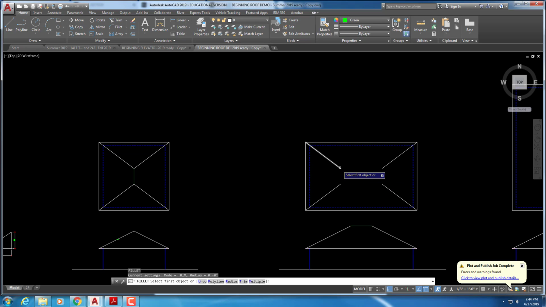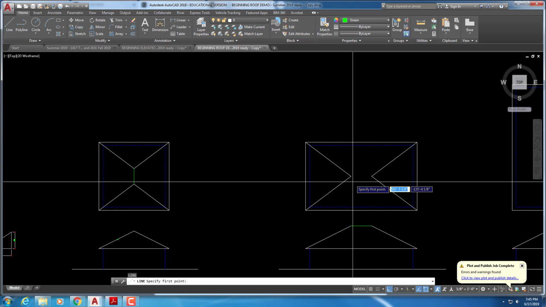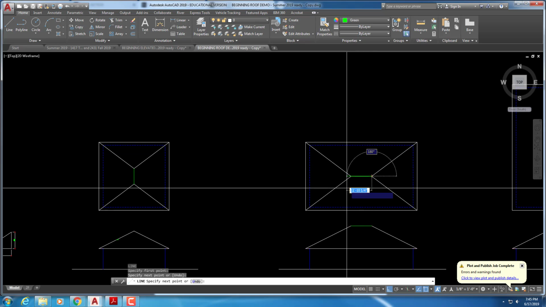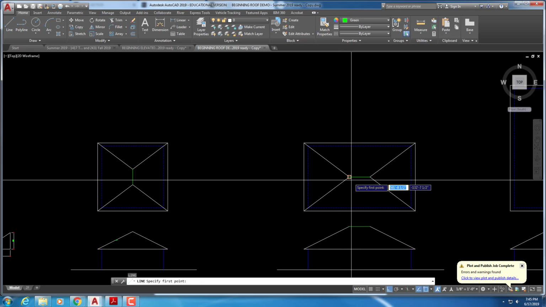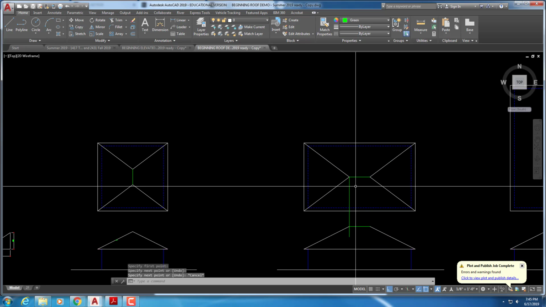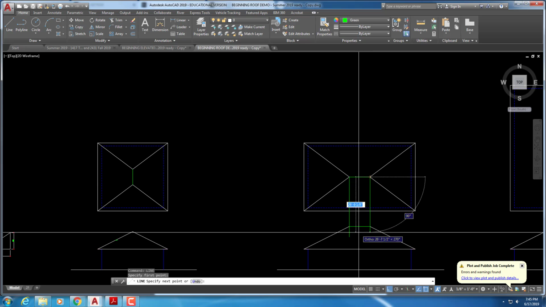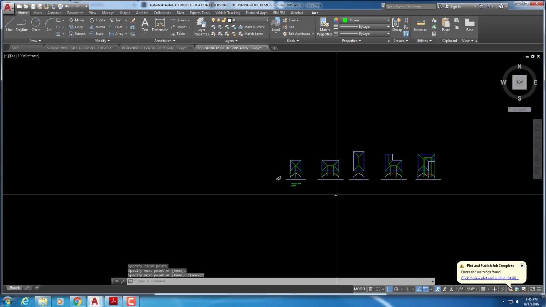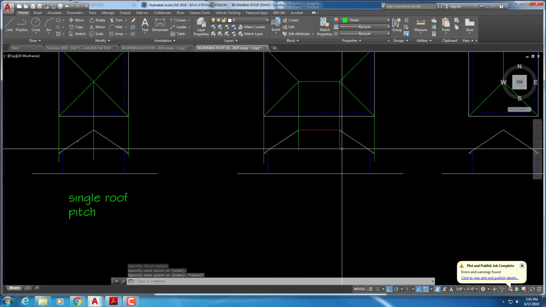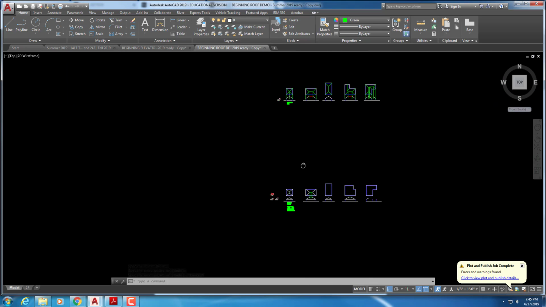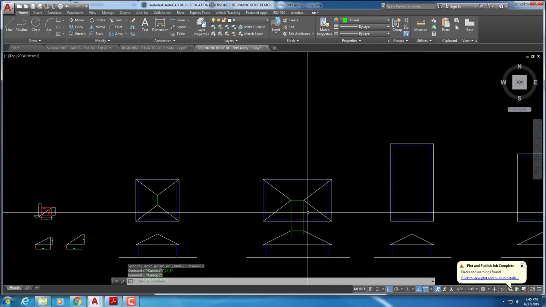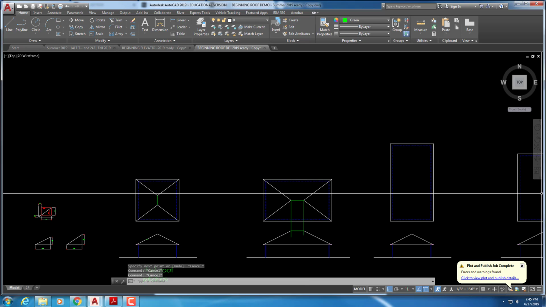So that's somewhat similar, except in this case, because the roof pitches are different and we have a dual pitched roof, one pitch in one direction and one pitch in the other direction, the ridge for this one actually gets shorter. It's wider here and shorter there. And that's just by changing the roof pitches.